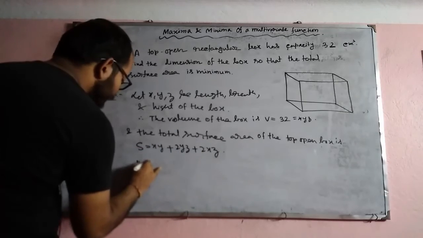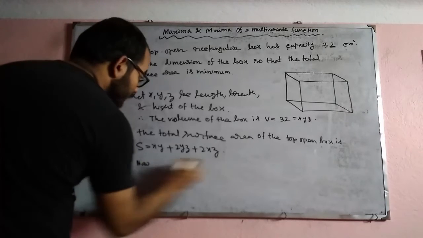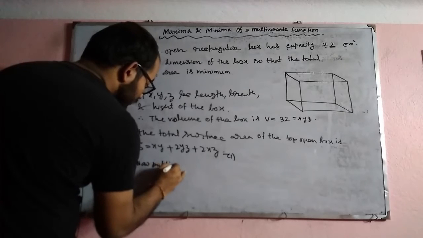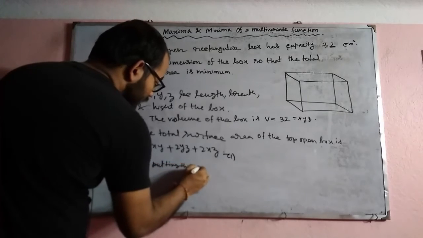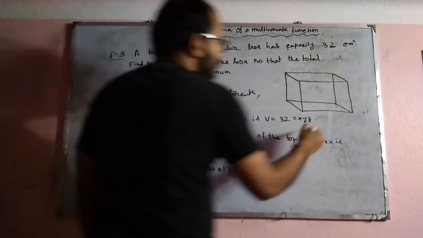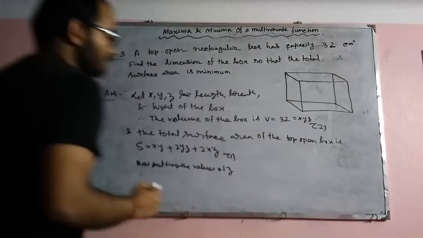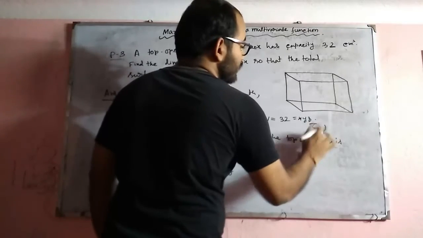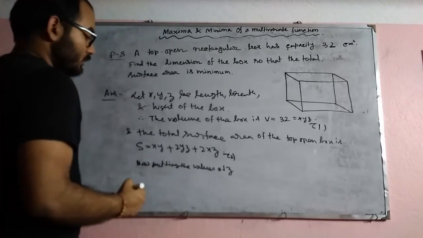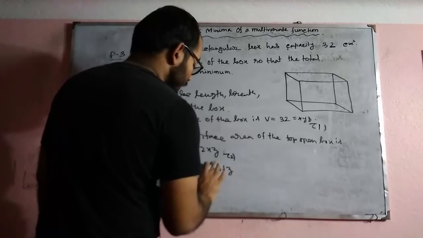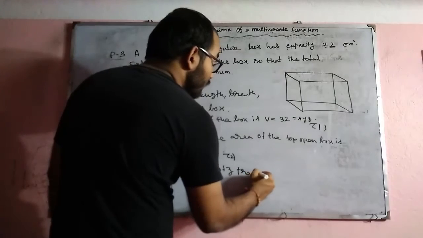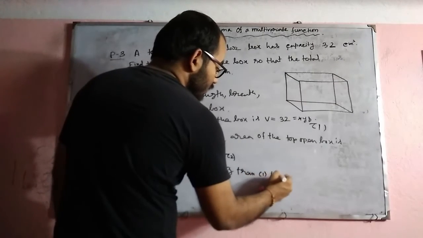Now it is 1. Now putting the values of z, this is 2. No, this is 1, this is 1, and this is 2. Now putting the value of z from 1 in 2.